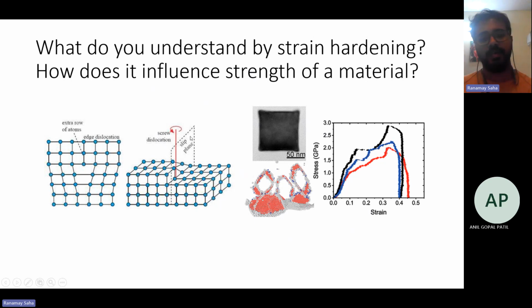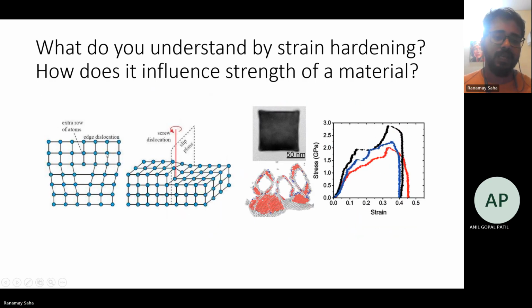Then in case of screw, it's perpendicular to that. Okay. So here, if you can visualize a half plane of extra atoms present, then comes a half plane with an extra row of atoms, right? These atoms are again absent in the next half. So this is actually visualized as a dislocation.